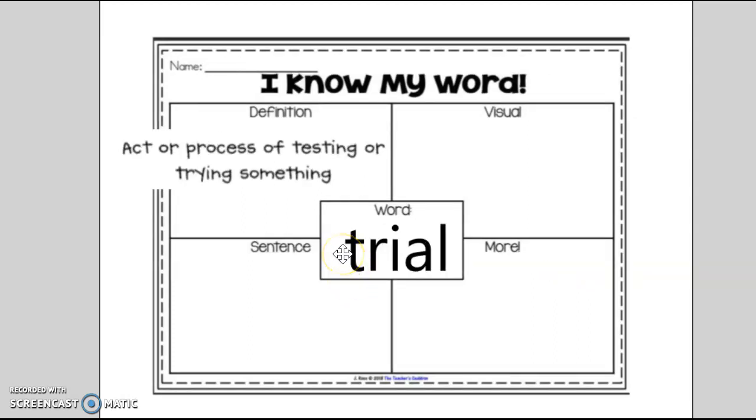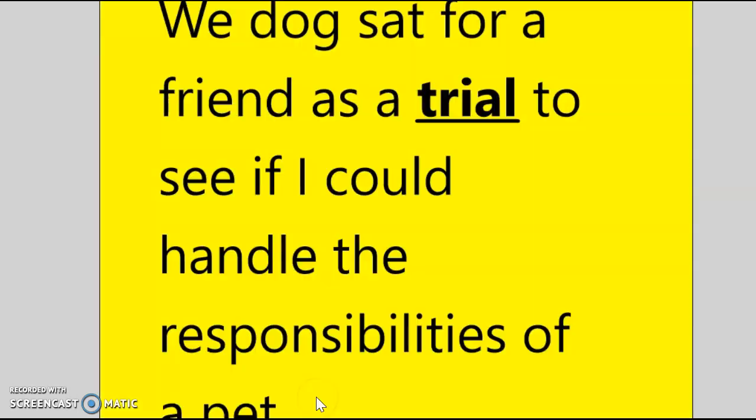The next vocabulary word we're going to look at is trial. And the definition, or what that means, is the act or process of testing or trying something. Your sentence will be, we dog sat for a friend as a trial to see if we could handle the responsibilities of a pet.